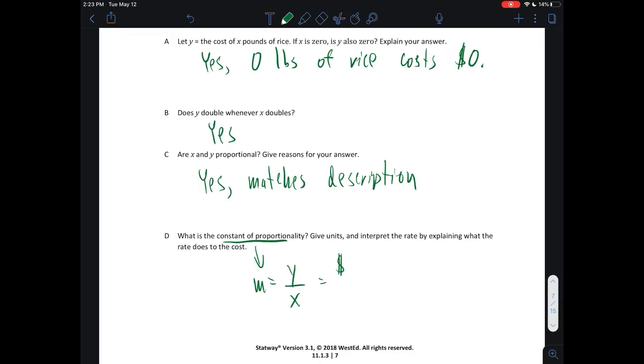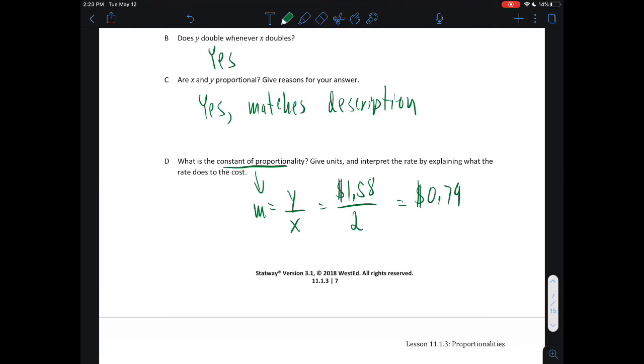That is the output for buying 2 pounds of rice. And $1.58 divided by 2 is 79 cents. And how would you express this in your own life? You'd say it's 79 cents per pound.